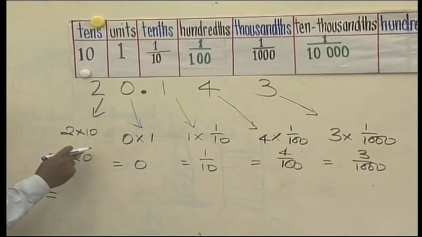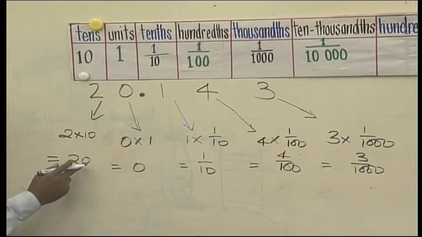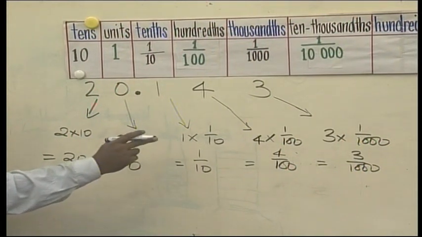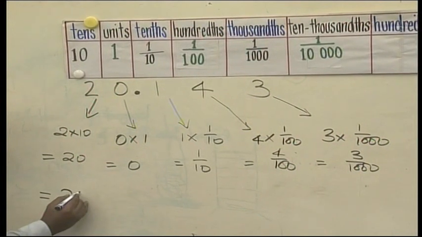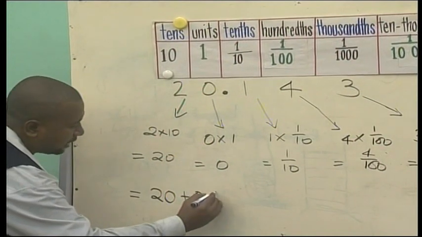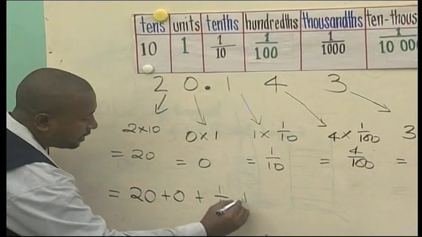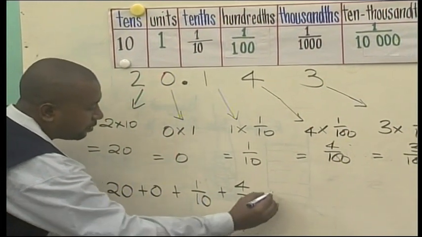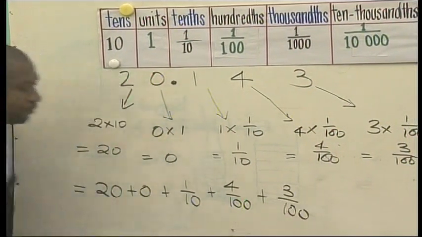We have found out the value of all these digits. So, 2 times 10, we said 20, 0 times 1, 0, 1 over 10, 4 over 100, and 3 over 1,000. To write it in fractional form, this is how we're going to do it. 20 plus 0 plus 1 over 10 plus 4 over 100 plus 3 over 1,000.